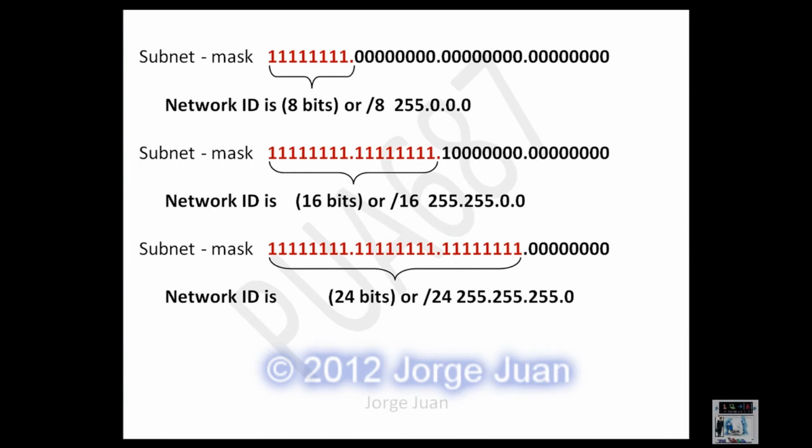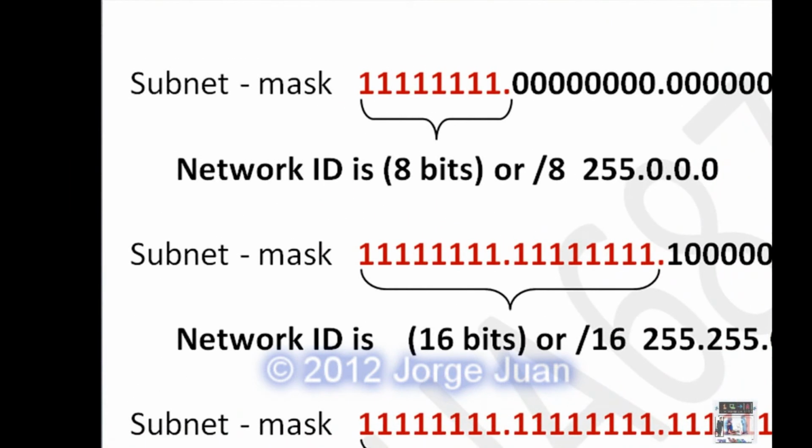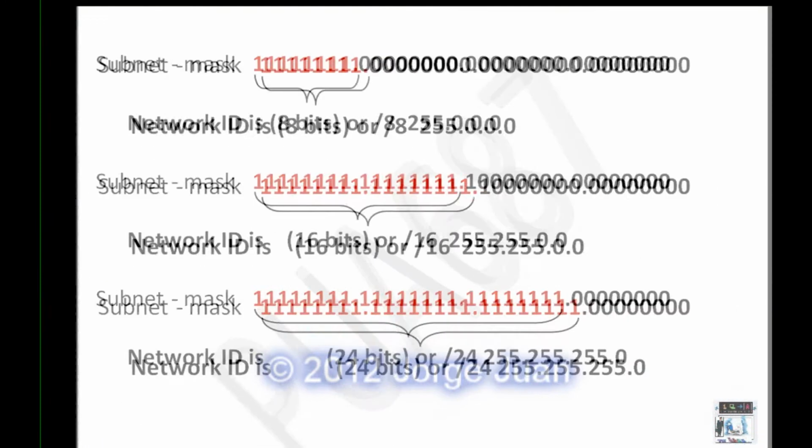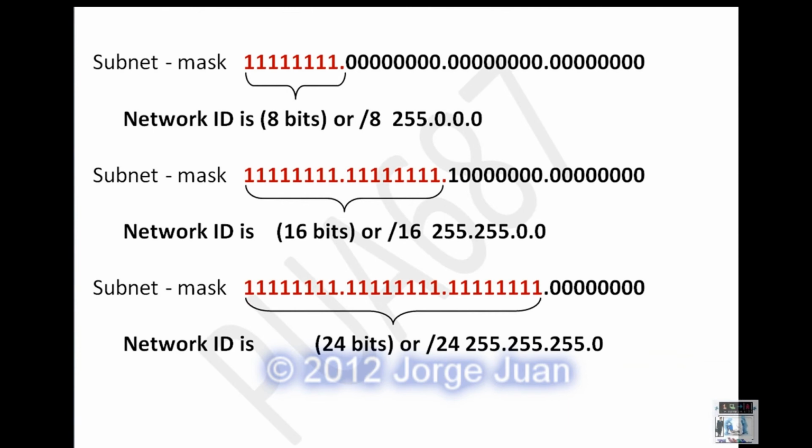Now, this limits the discussion to only 3 possible subnet masks, the ones represented here, and formerly known as Class A, Class B, and Class C. However, in our discussion we said that the slash notation, such as /8, /16, and /24, is the classless interdomain routing notation.